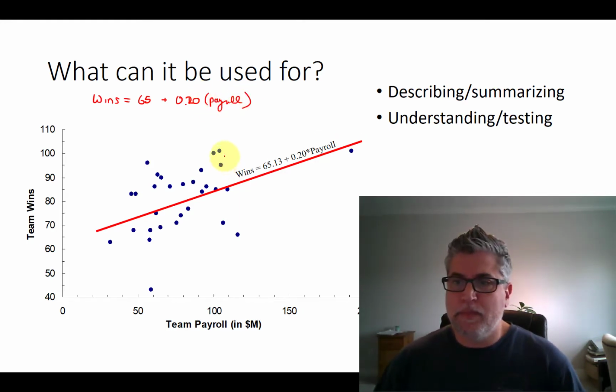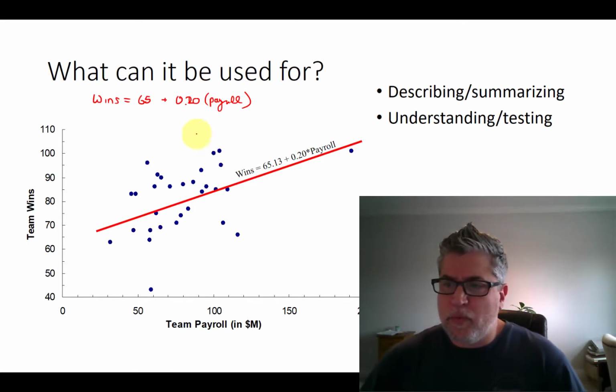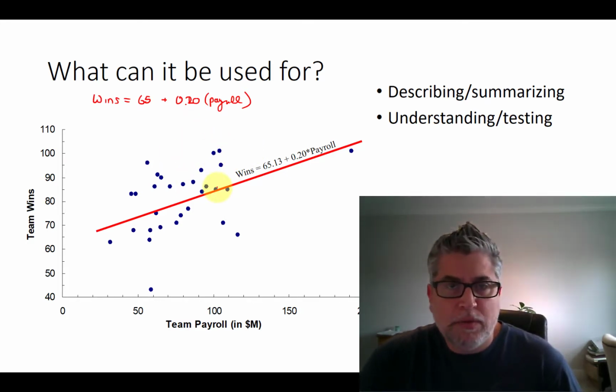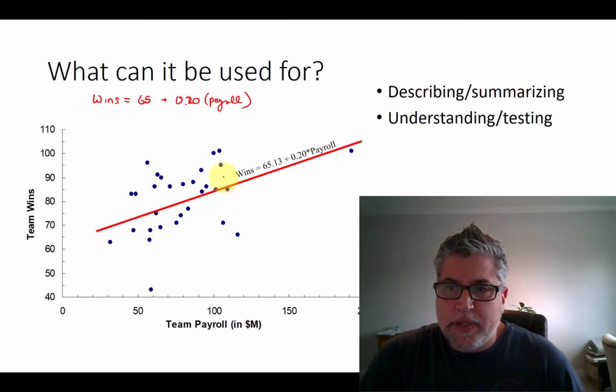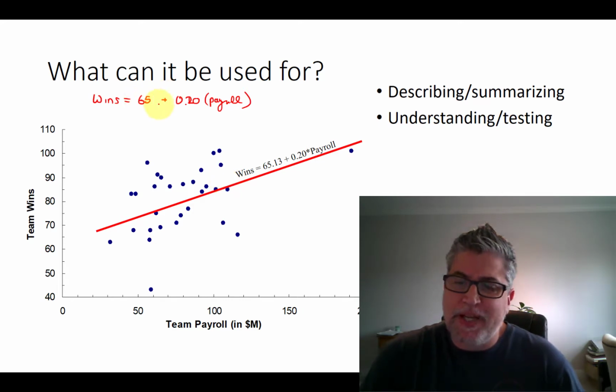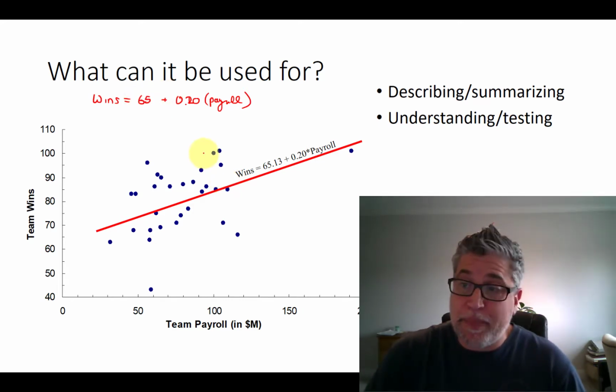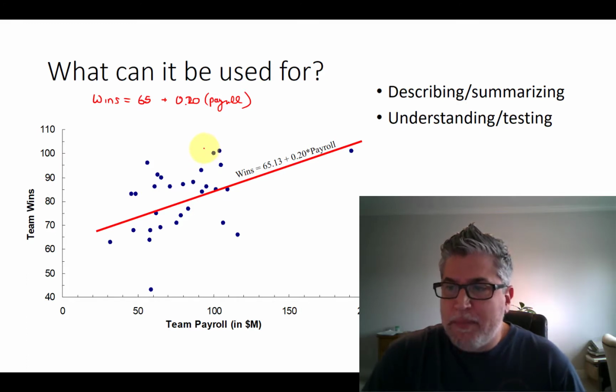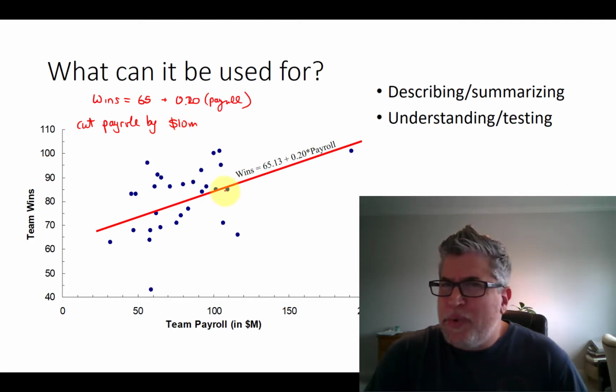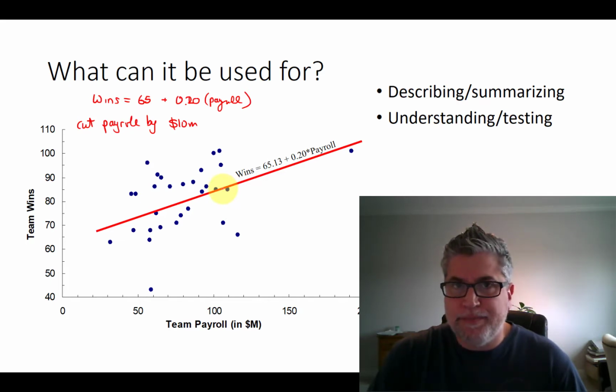All right, now whatever team you are, the owner says, listen, I know we can't go down to 0 for payroll, but what if we were to cut payroll by $10 million? What would that do to our wins? How many fewer games would we win?